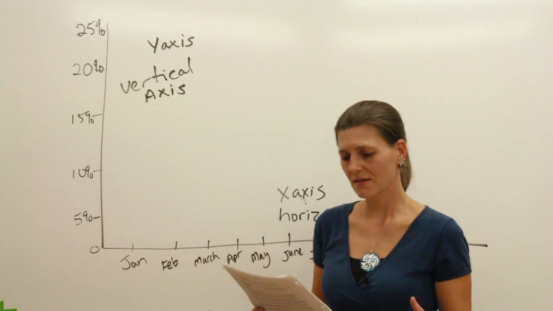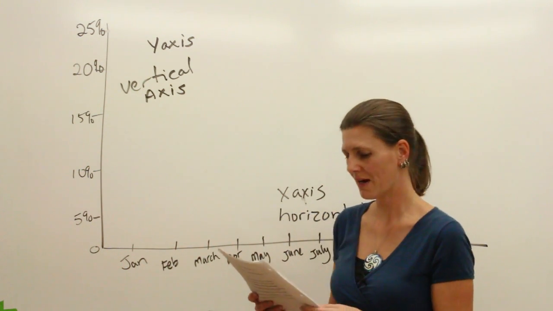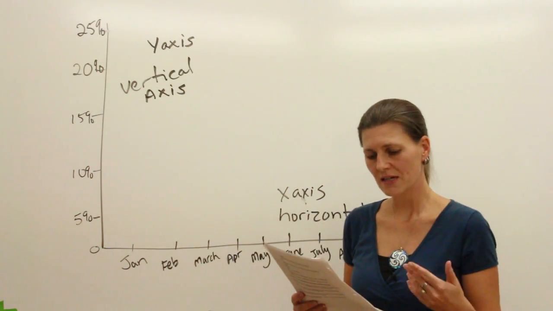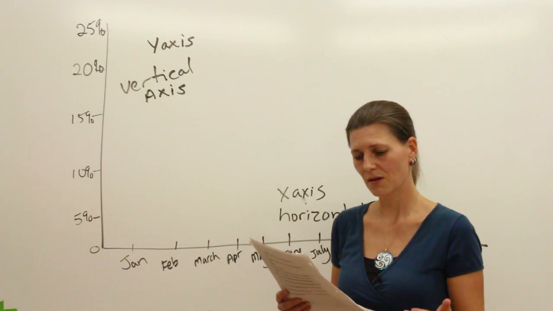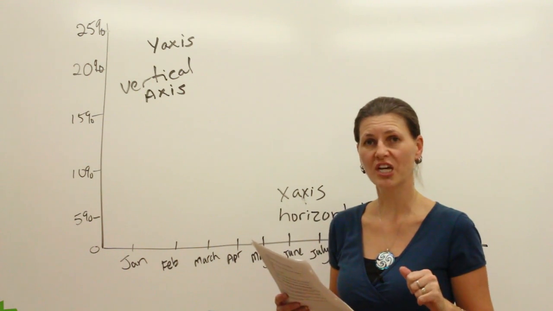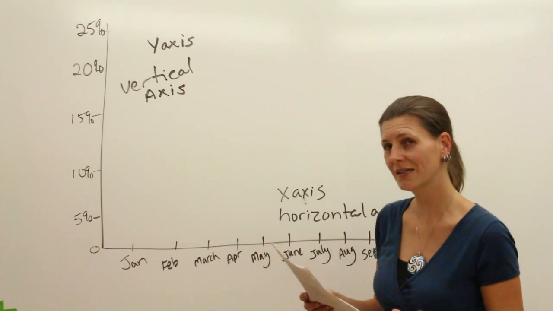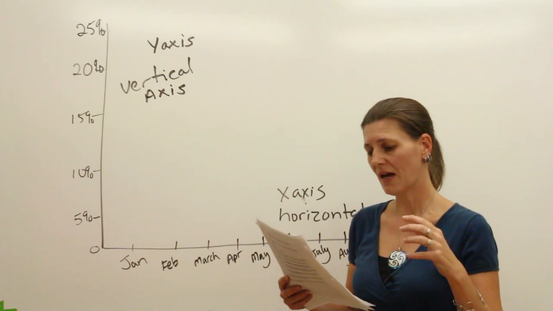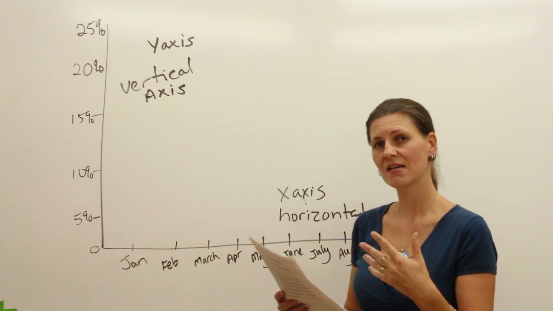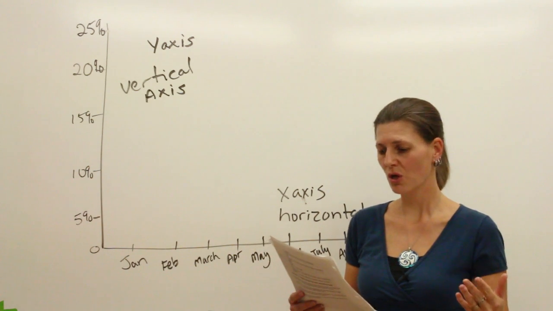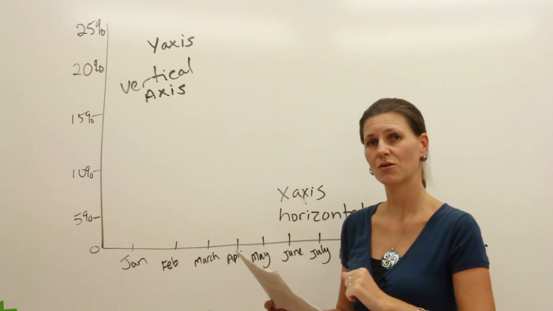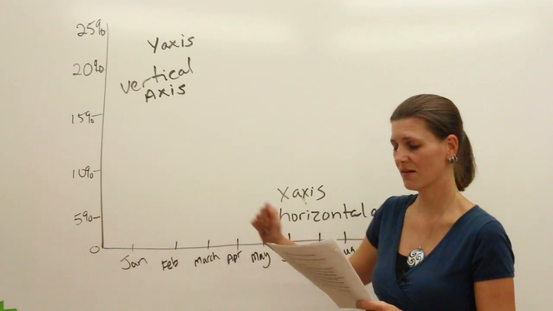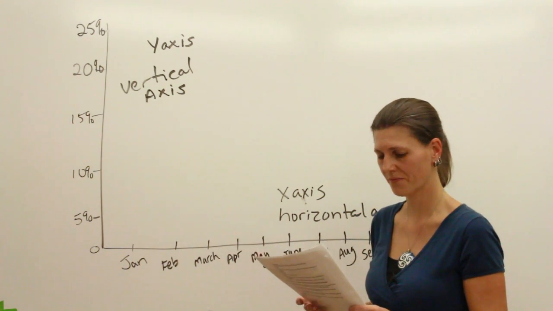So first, I'll be describing the part of the graph starting at the beginning, using vocabulary to describe things when there is no change. Do you remember that vocabulary? Okay, we'll be using words like remain, unchanged, steady, stable, constant, and fixed or static. So listen carefully and let's start drawing our graph.